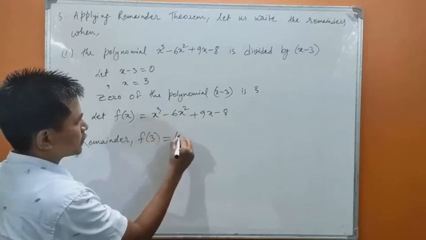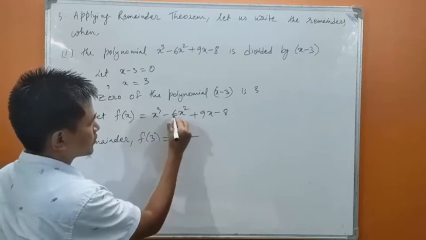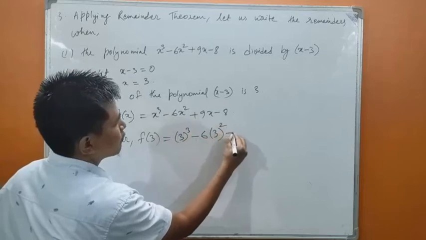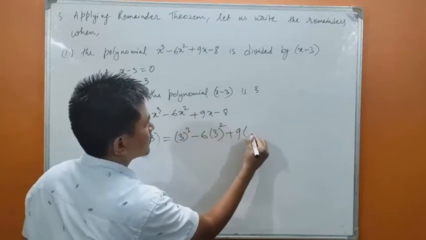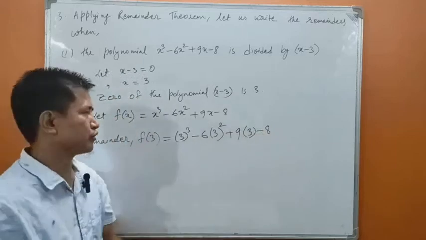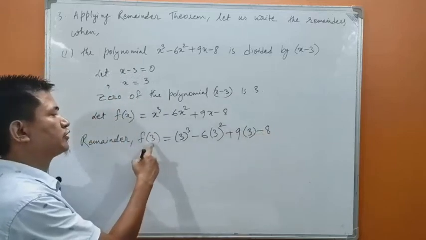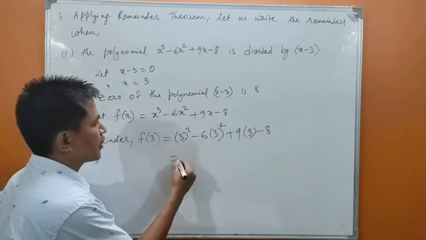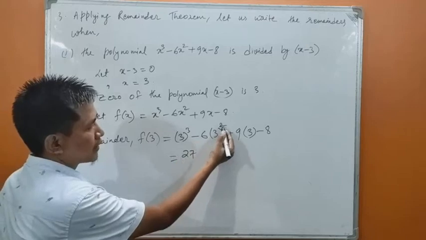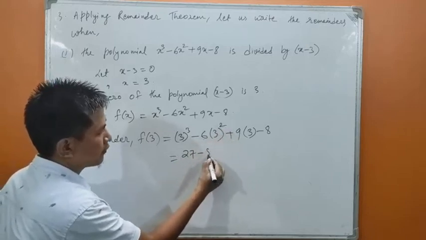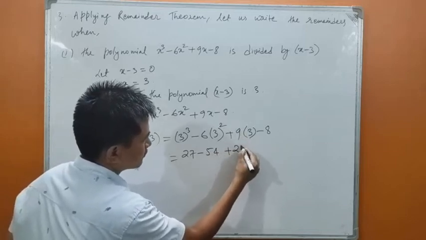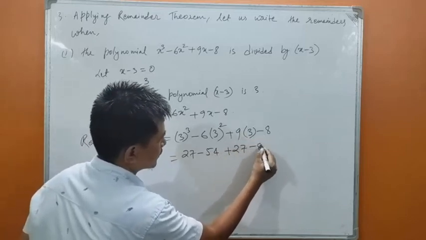We have x cube means 3 cube minus 6 x square means 3 square plus 9, and this x means 3, isn't it? Minus 8. Instead of x we write 3, okay, because we are finding the value of f(3) and f(3) is the remainder. 3 cube is 27, 3 squared is 9, 9 sixes are 54, minus 54 plus 9 threes is 27 minus 8.